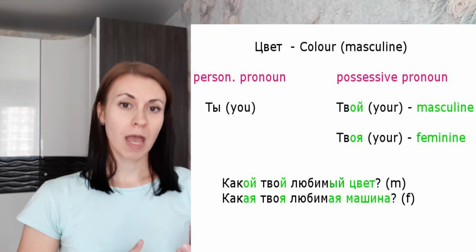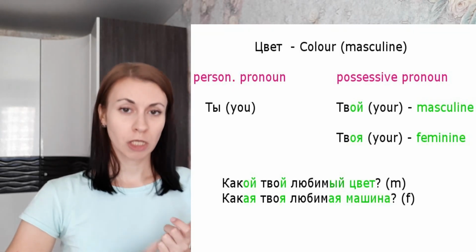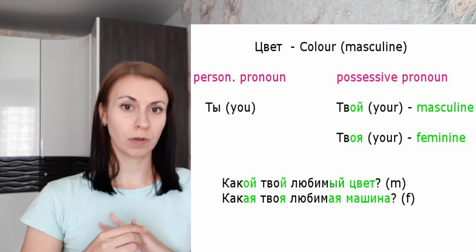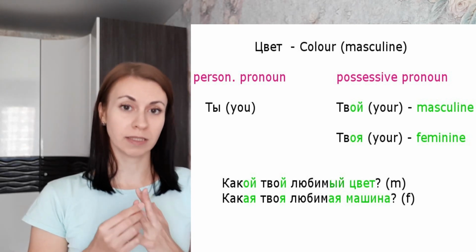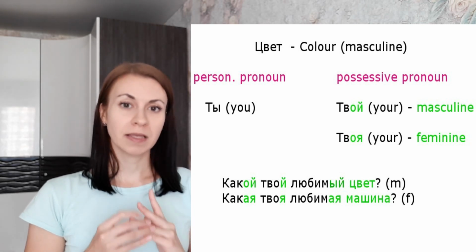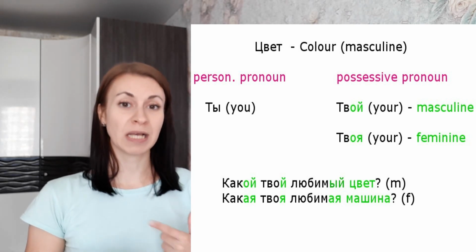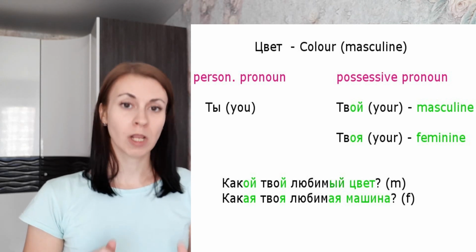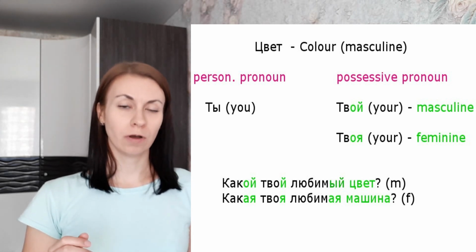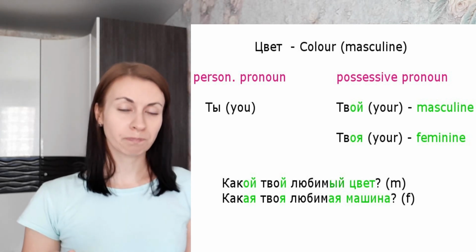Since цвет is masculine, we are going to change the first personal possessive pronoun your and also favorite. These two words, one possessive pronoun and the other an adjective, are going to be changed into masculine form. Let's start with your.